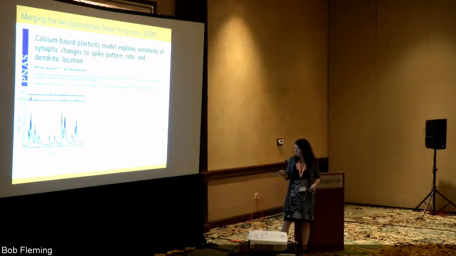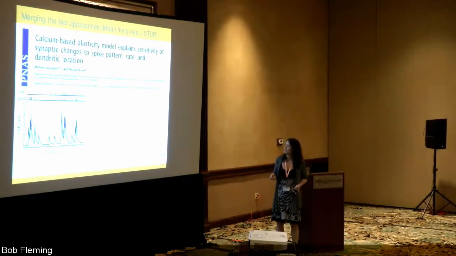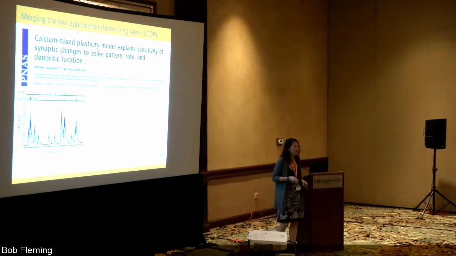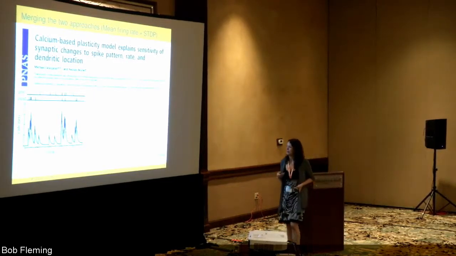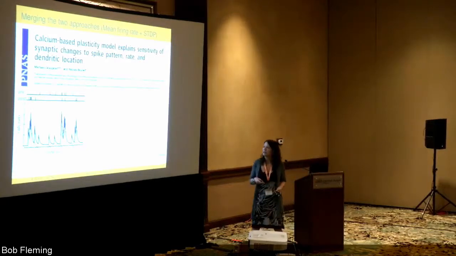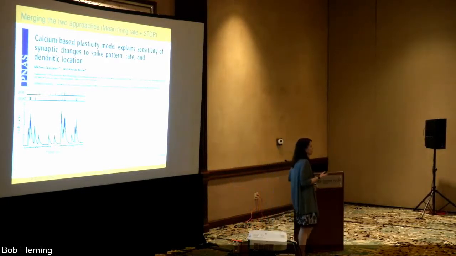And how does it work? It's, again, a local rule. It looks at pre- and postsynaptic activation. It computes a calcium variable out of this pre- and postsynaptic activation. And they show that by updating the synaptic weight, depending on where this calcium activation is, you can get all kinds of learning.